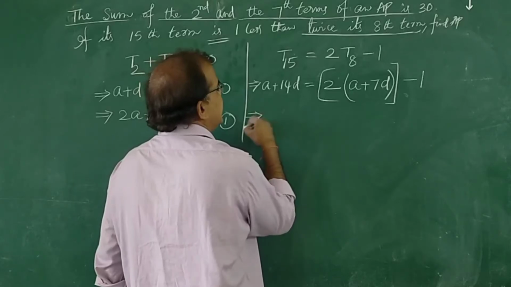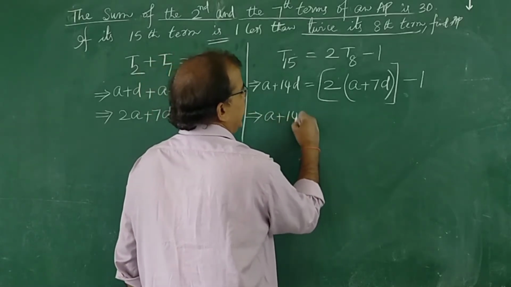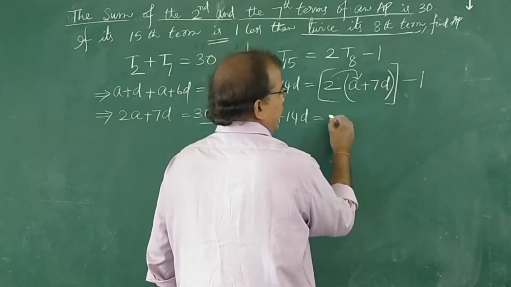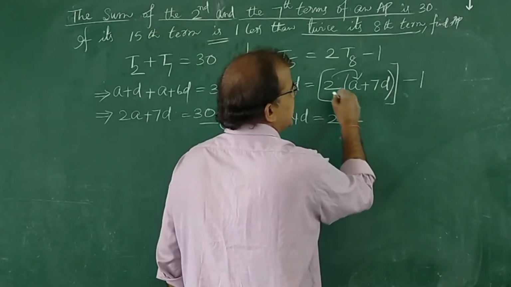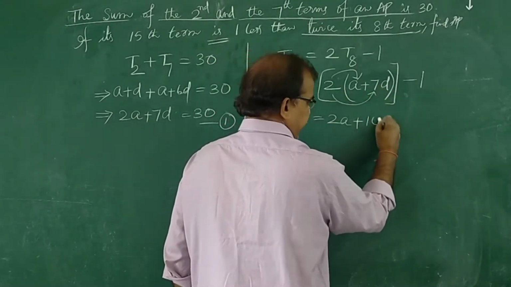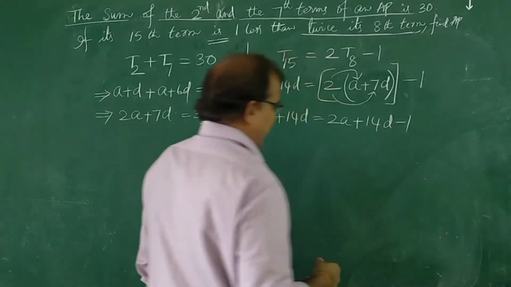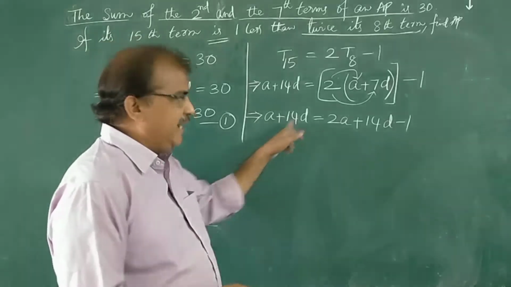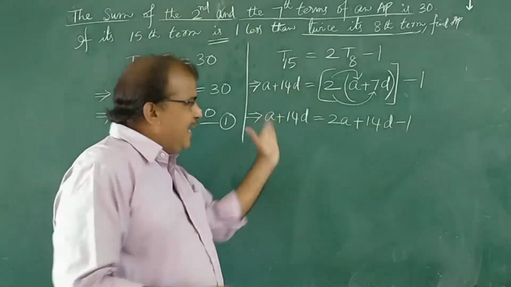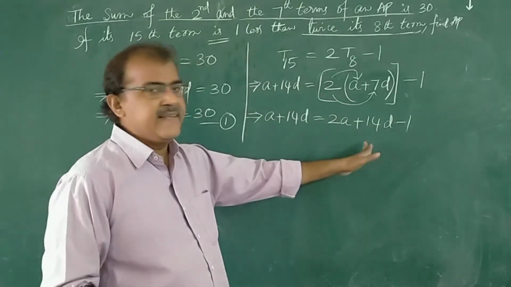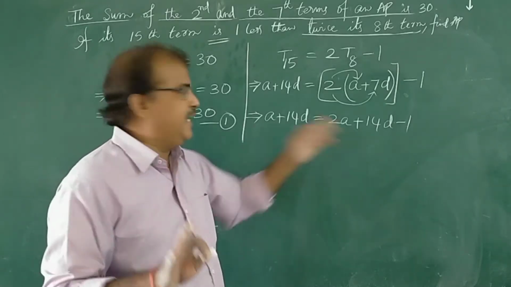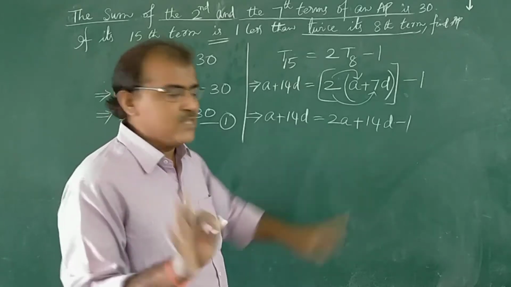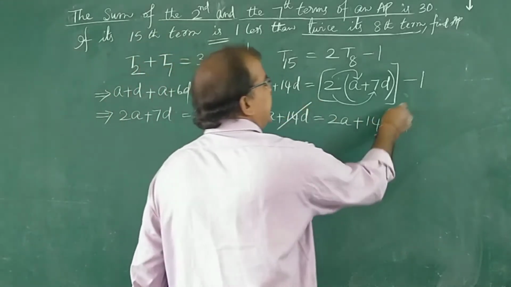That implies a plus 14d is equal to, by the distributive property, 2a plus 2 sevens are 14d, minus 1. Now simplify: we can cancel plus 14d on the LHS and plus 14d on the RHS. If it were plus 14d on one side and minus 14d on the other, we could not cancel.